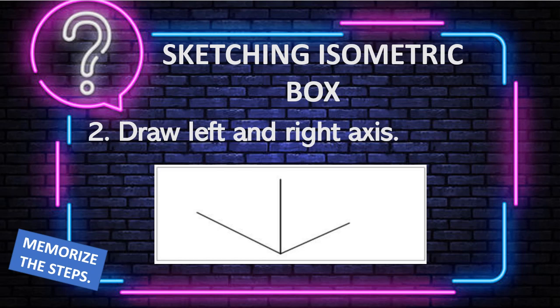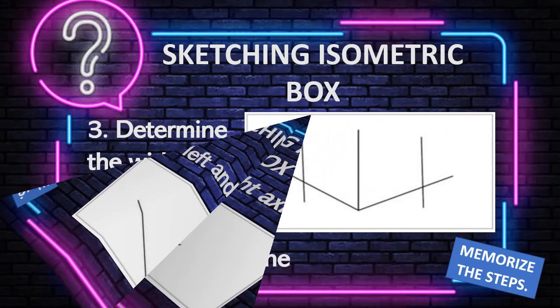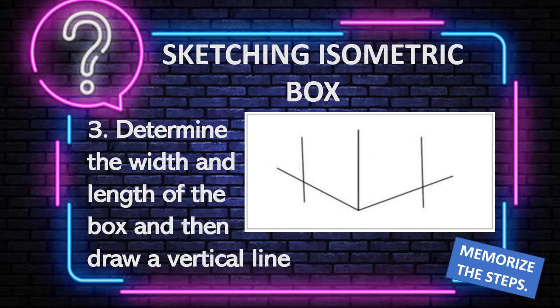Draw left and right axis. This is how you will sketch the third step. Look closely. Determine the width and the length of the box and then draw a vertical line.